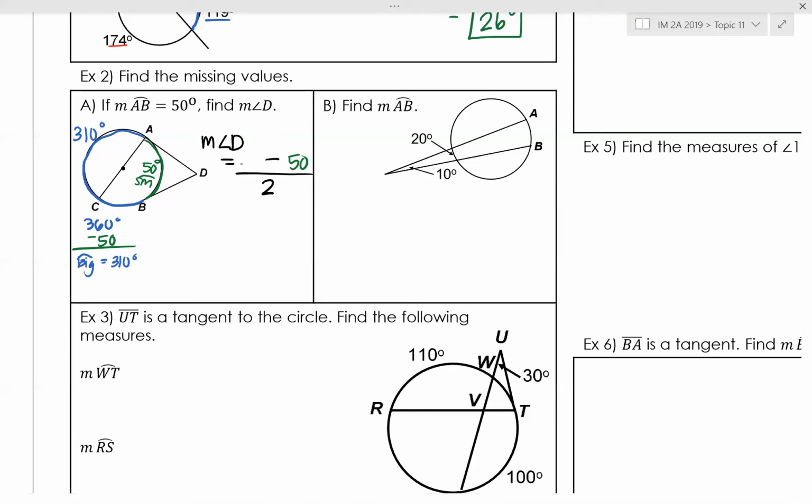So 310 minus 50 gives us 260. And if we divide that by 2, we get 130 degrees. So that means that measure of angle D is 130 degrees.